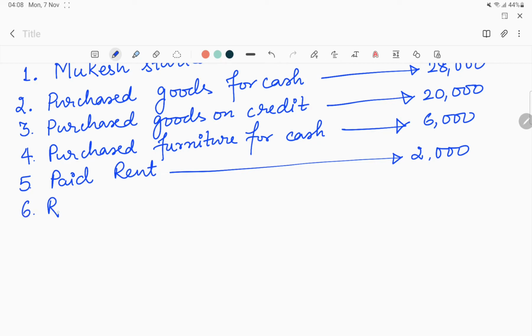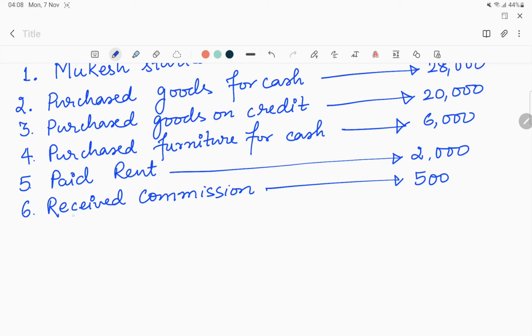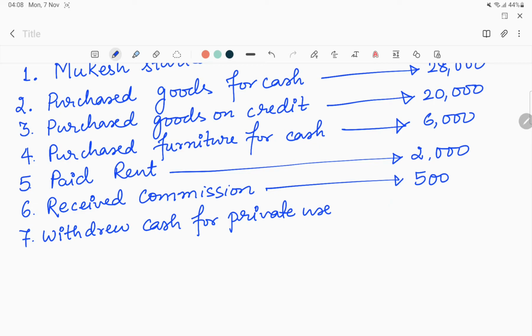Sixth transaction is given as Mukesh received commission amounting to rupees 500. Seventh transaction, he withdrew cash for private use which cost him rupees 3,000.